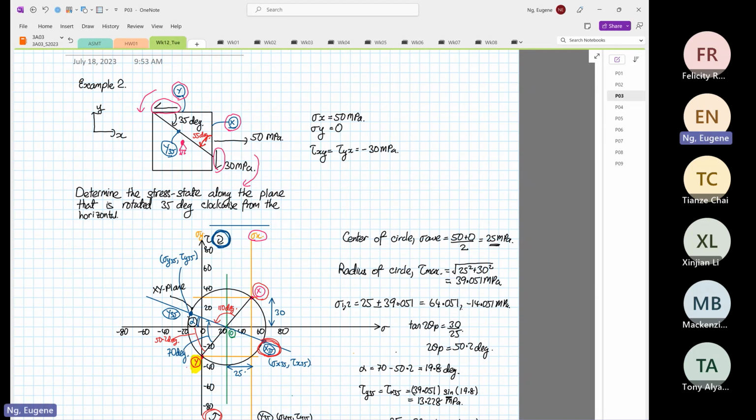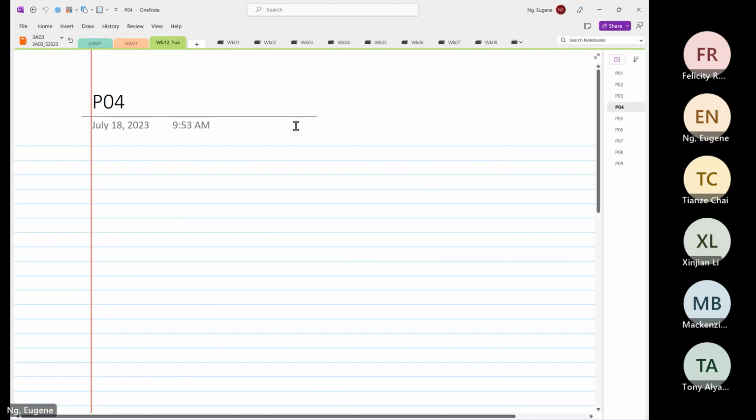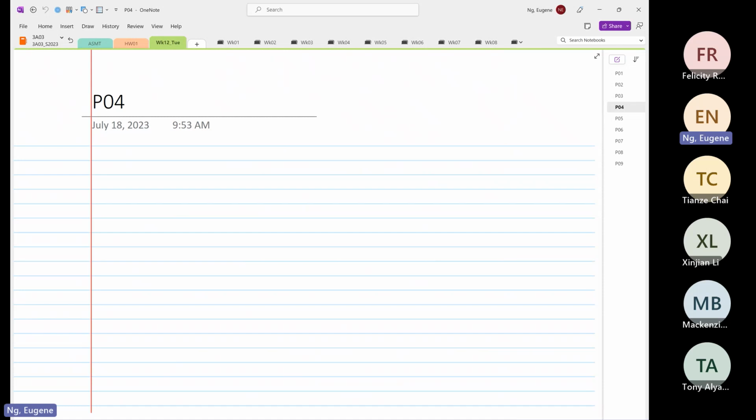Now let's look into 3D Mohr circle now. Now 3D Mohr circle.